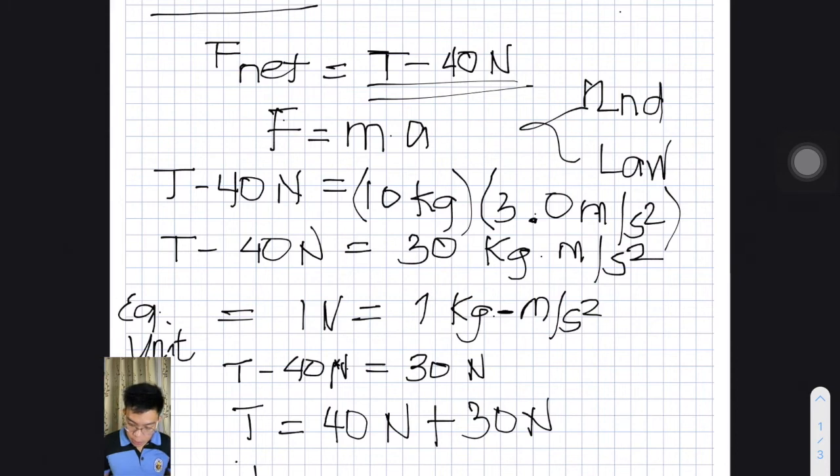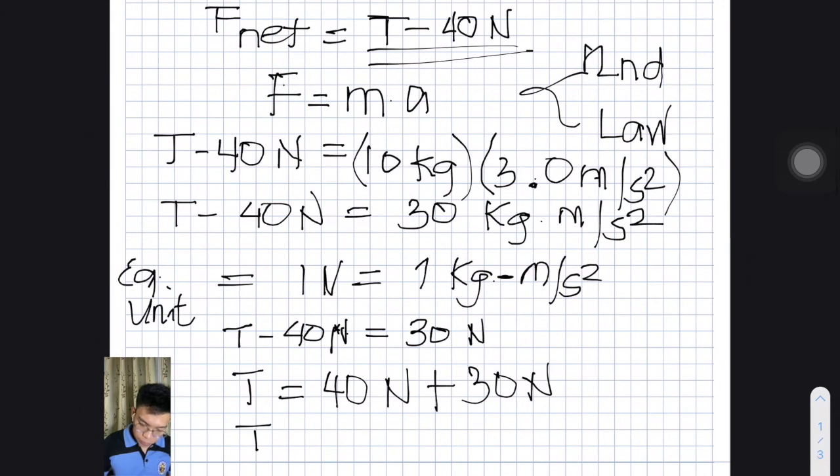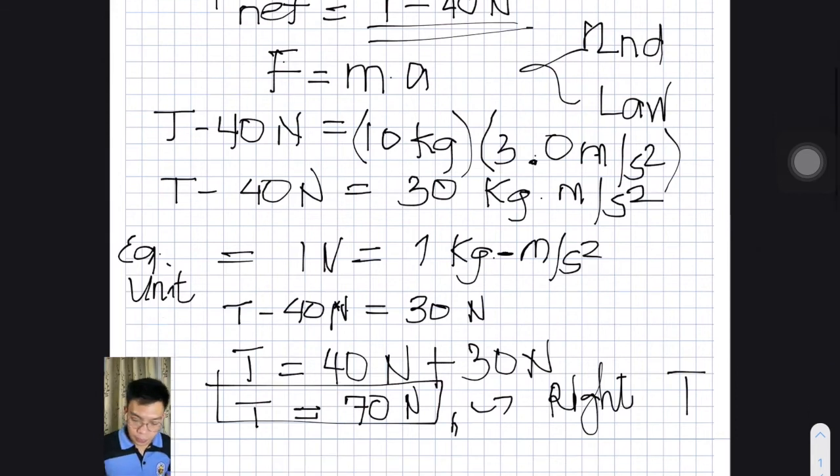So thereafter, our tension force is also equal to 70 newtons. That is our answer when we are looking for the right side. This is the tension at the right. Okay, is that clear?